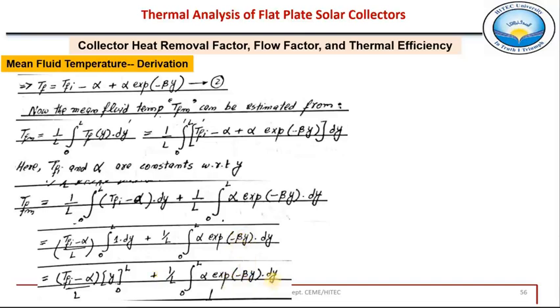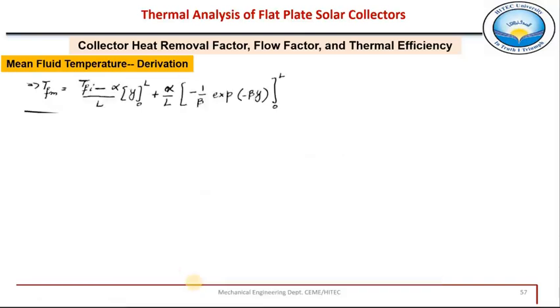Now in this equation, the alpha and beta both are actually constants with respect to y. So here again alpha and beta are constants with respect to y. So now we shall integrate this part in the next step.